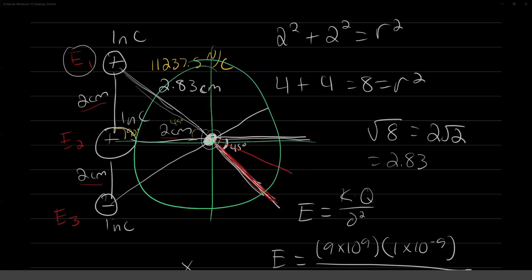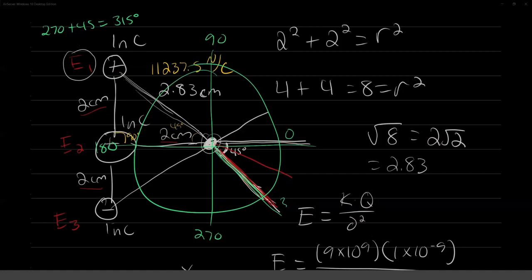This direction here, so if this was 0, 90, 180, 270, this is about 45 degrees plus 270, so 270 plus 45 equals 315. Okay. Does that make sense? Yep. So this angle here is 315. So that's where we're getting that.